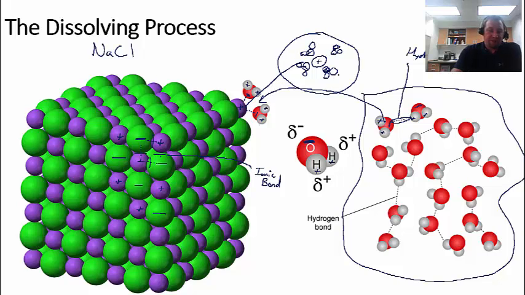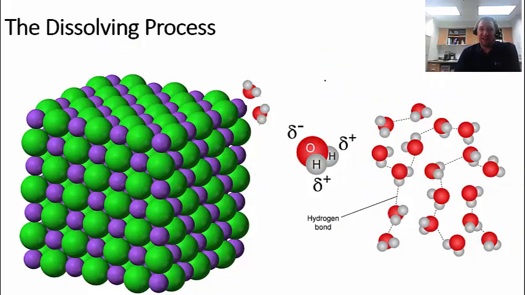And if you think about it, I'm going to erase some of these. If this was the chloride ion, the negative one, the water orients itself in a slightly different manner around the chlorides, meaning the positively charged hydrogens are now forming little bonds with the chlorides.